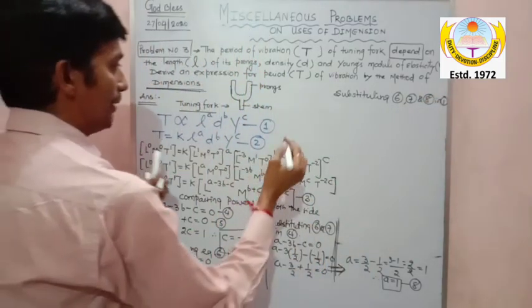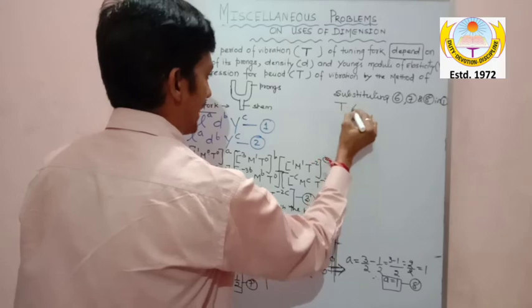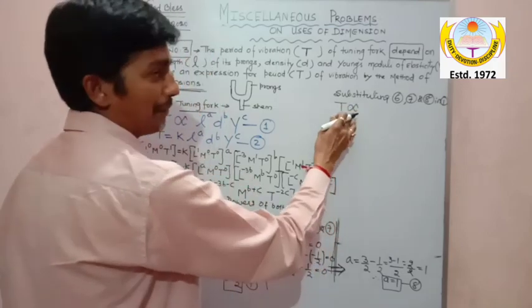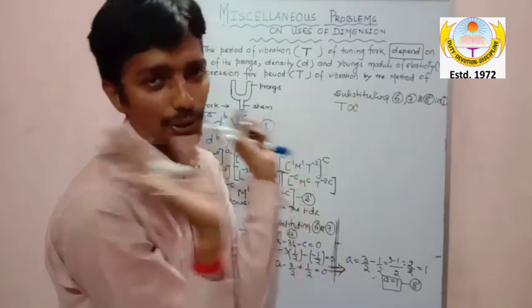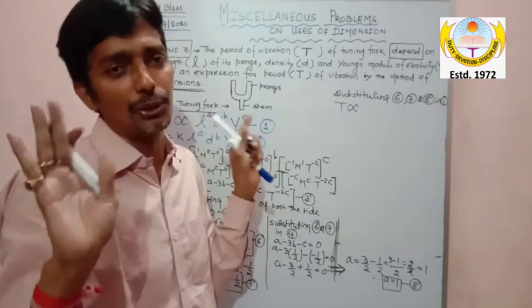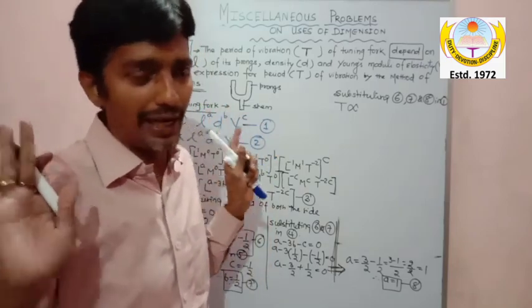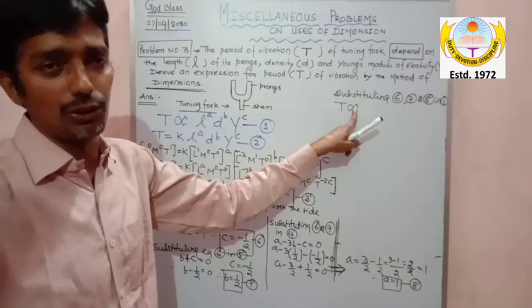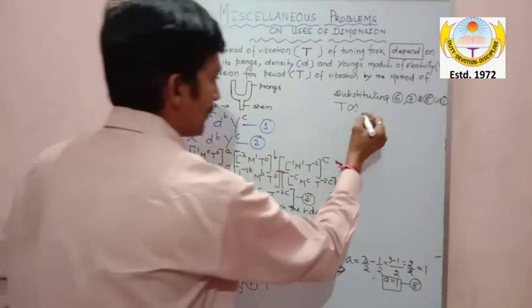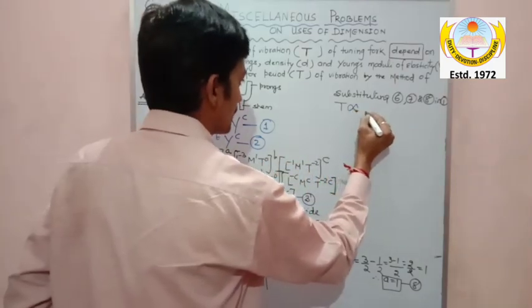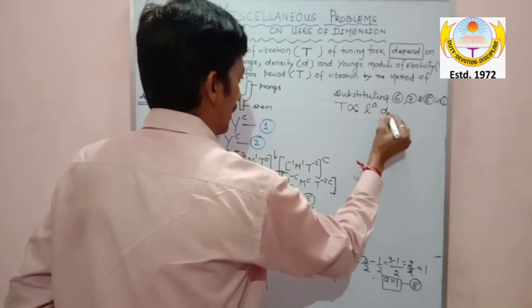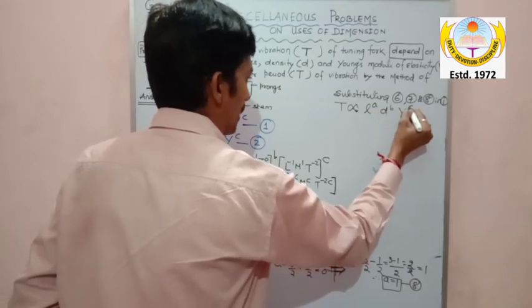What will happen in 1? So 1 is T directly proportional to or inversely proportional to, I don't know right now. After substitution I will come to know. So T proportional to L power A, D power B, and Y, Young's modulus, power C.